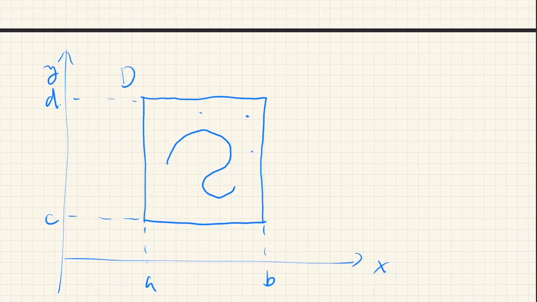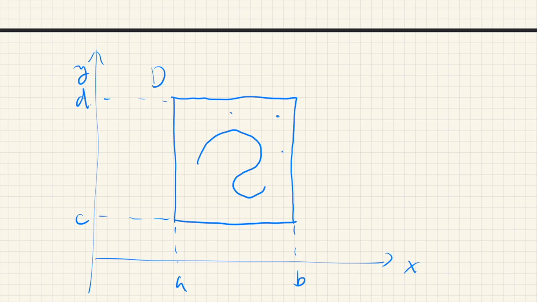So the union of them all is also a null set. So this function f of x and y is continuous everywhere except for these null sets. Then this function is still Riemann-integrable.